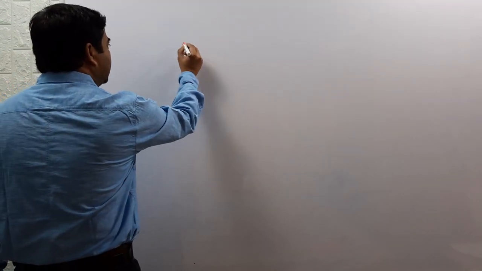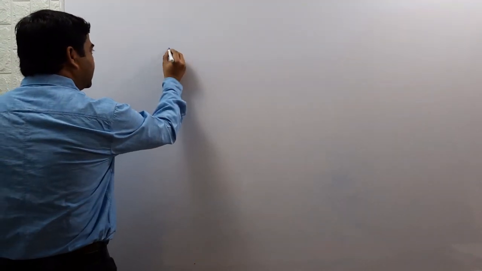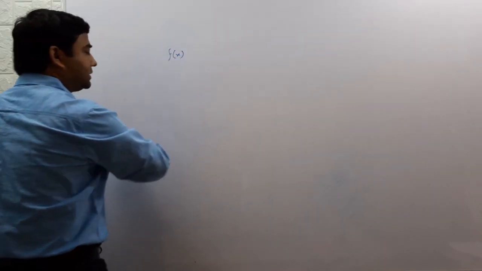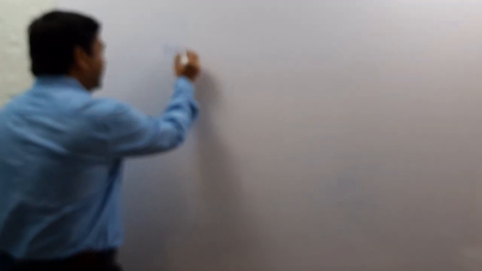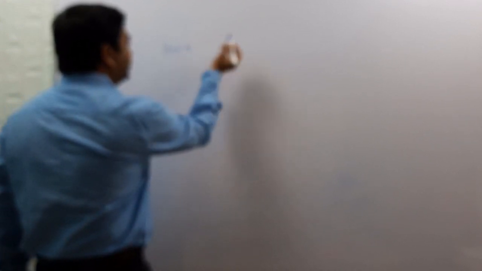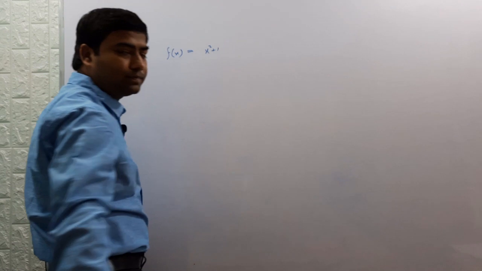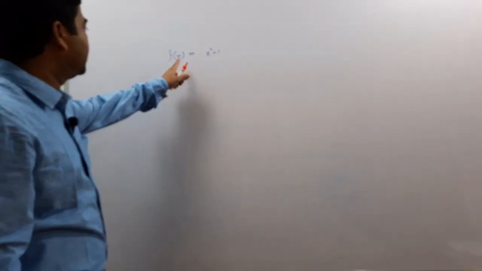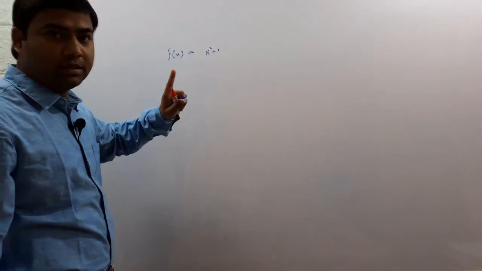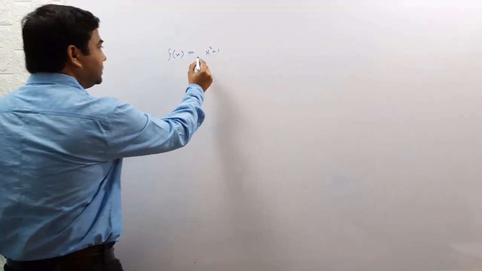of the independent variable. So let us take an example. A function is denoted by f(x). f(x) is some expression involving variables, for example x. Just write a simple function, x square plus 1. This function will attain certain values based on this rule.